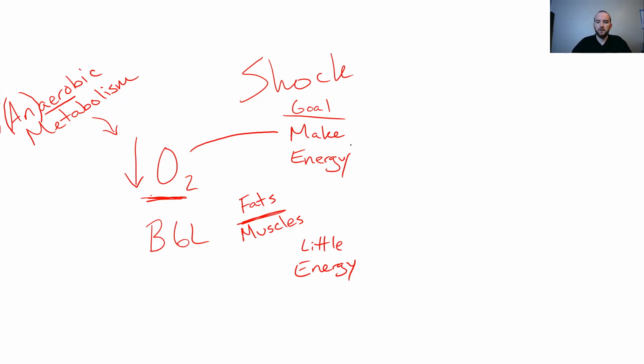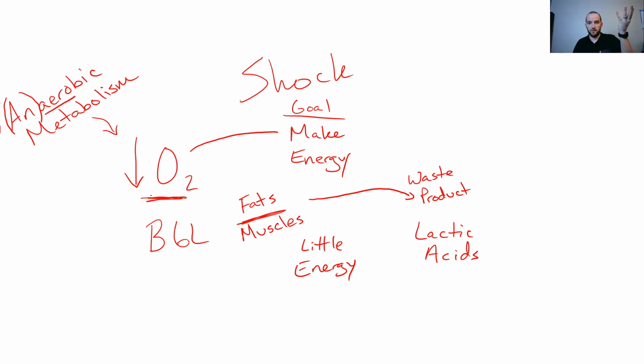So we start breaking down fats and acids, and we make a waste product. But the primary waste product that we develop now is a lot of things like lactic acids. And lactic acids are not as easy for the body to eliminate as just breathing to get rid of that carbon dioxide.